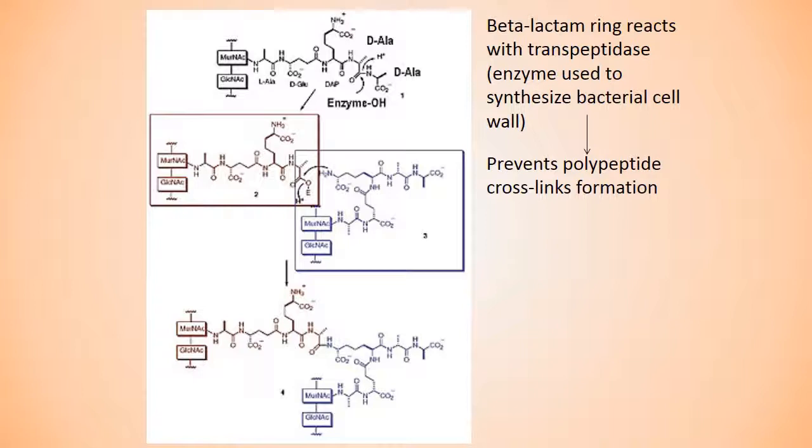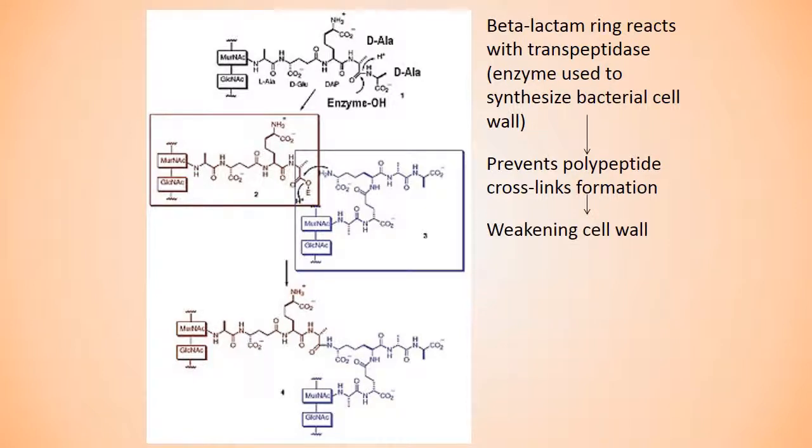What happens is it prevents the polypeptide crosslink formation. When the beta-lactam ring goes in, it's not going to allow the cross-linking, that spider-webbing of the bacterial cell wall, to occur, which weakens that cell wall.